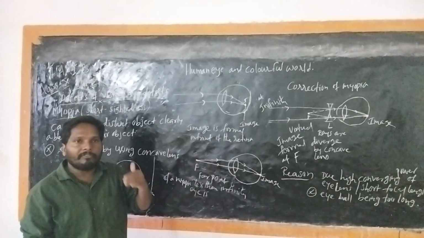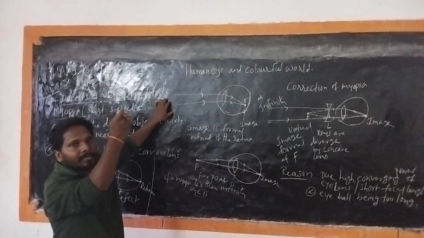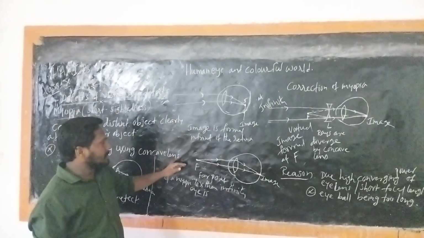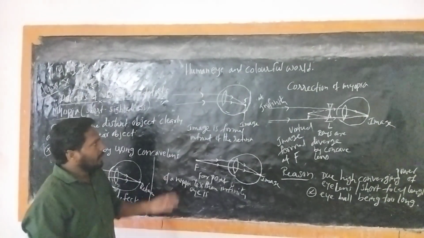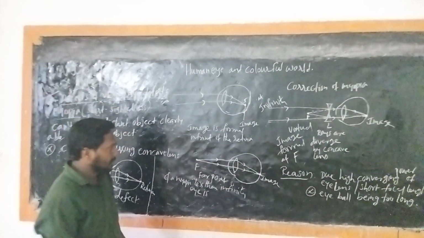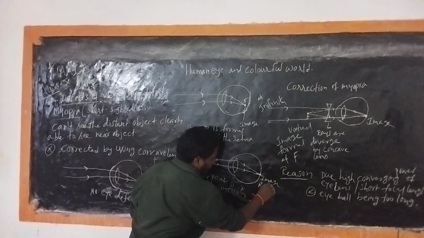Far point means the object is at infinity. If we place the object before the far point, the image is formed on the retina.